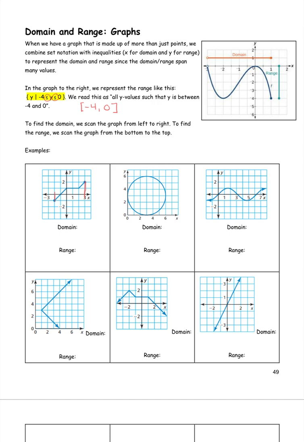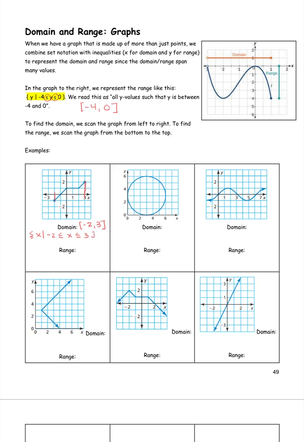So my domain is -2 to 3. I'm going to use those brackets because you can see we have the endpoints, and those endpoints are included in the solution. Or I can write it using our notation, which is x, -2 less than or equal to x less than or equal to 3.